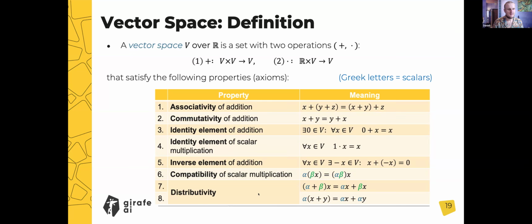So whenever everything listed here is satisfied, we are dealing with a vector space, and it does not have to be the usual mental picture of a vector space we have. It should not be just arrows. Anything that obeys those properties, those laws, can be called a vector space.